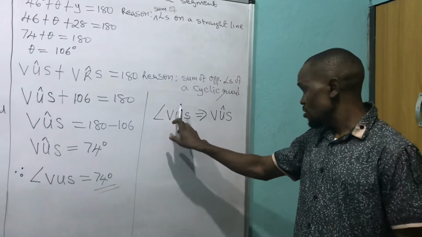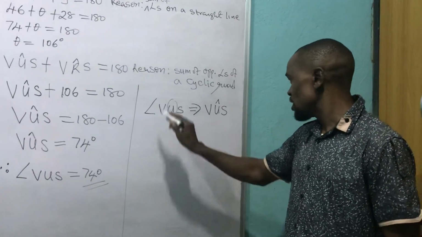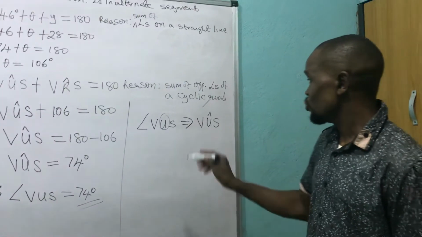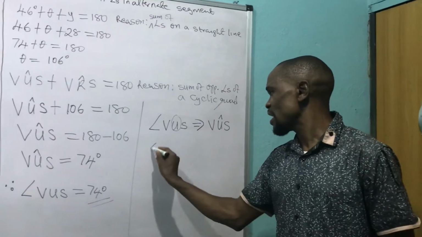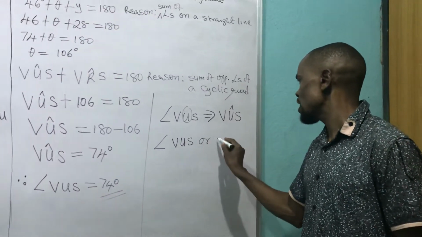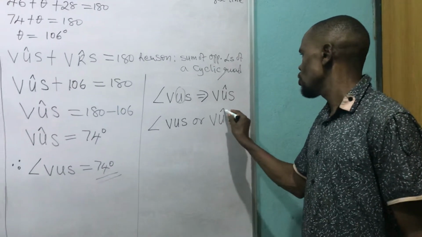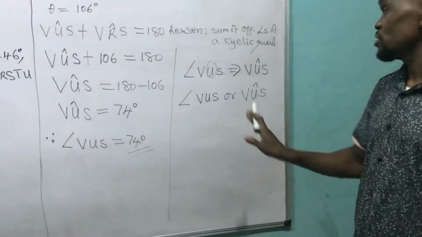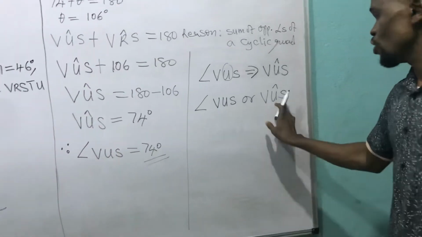So there are two ways we can represent an angle. I can say this VUX, or I can say this VUX. That's another way you can represent it, either this way or this way.